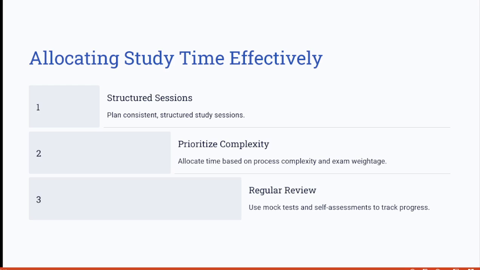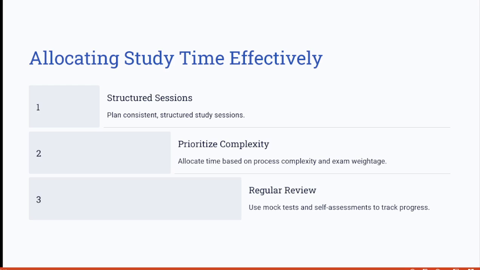Here is also a very important piece of advice to follow: allocating time to study effectively without any noise. Preparing for the PMP exam requires a disciplined, strategic approach to study all of these 49 processes.